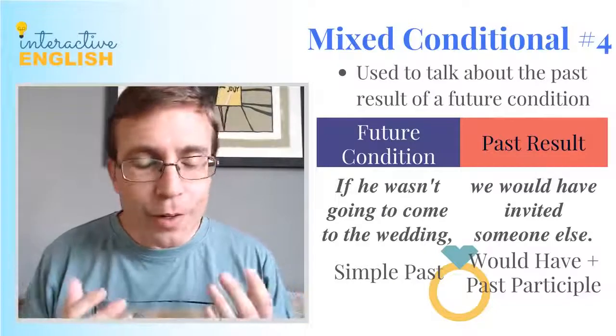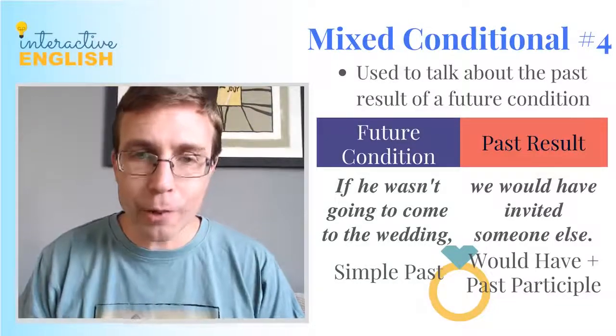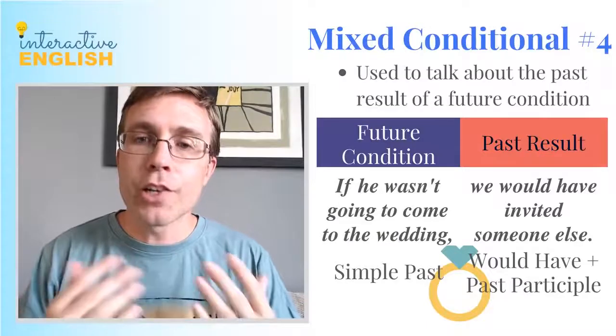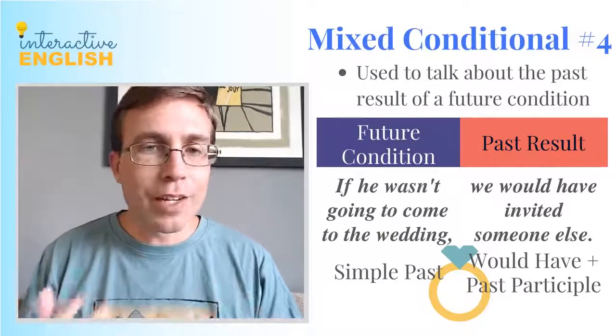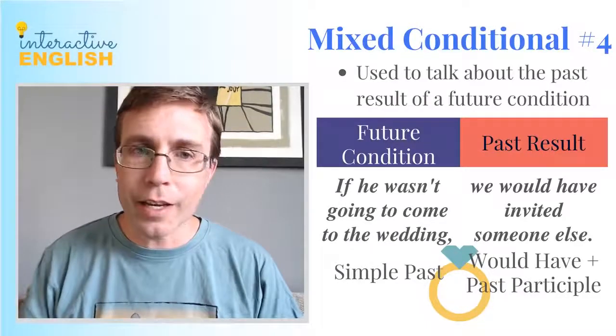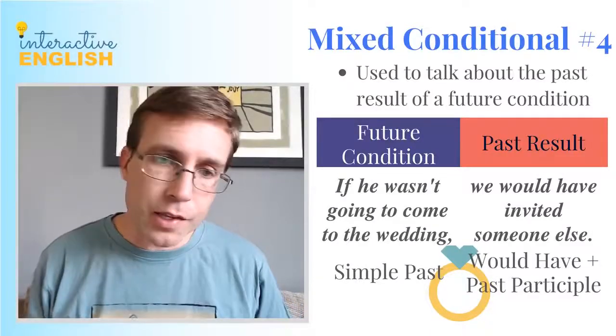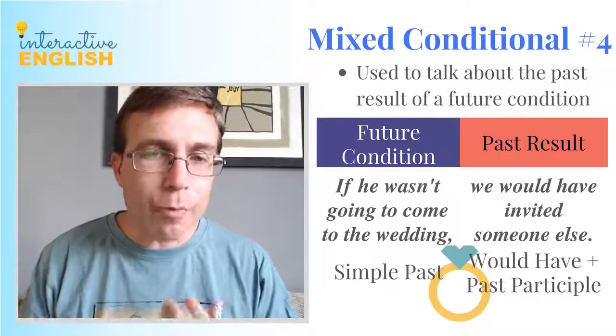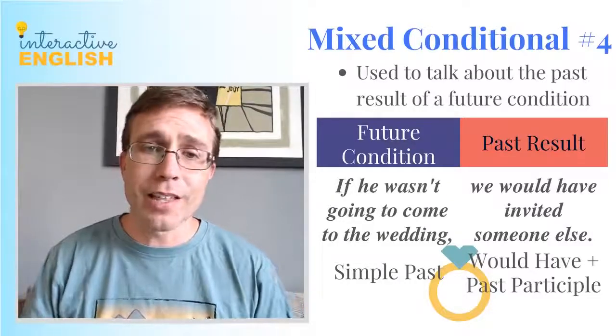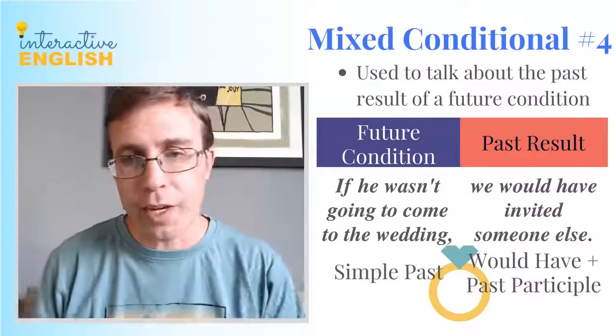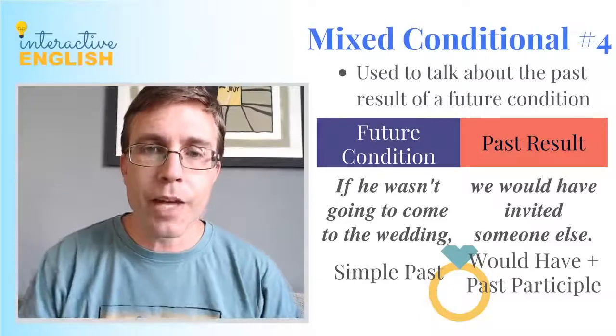If you really want to be grammatically correct, you can use the subjunctive, but just so you know, in colloquial speech, oftentimes people break this rule and don't use the subjunctive. If you want to get really formal, then yes, you could use the subjunctive: if he weren't going to come to the wedding. But I wanted to give you that example of both.